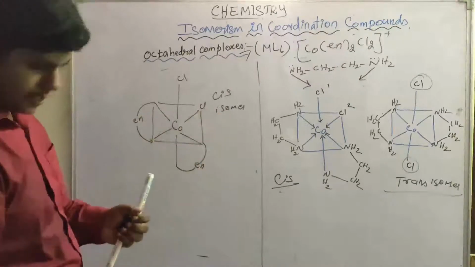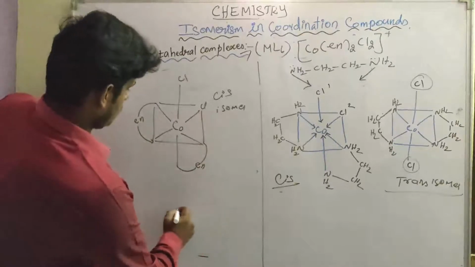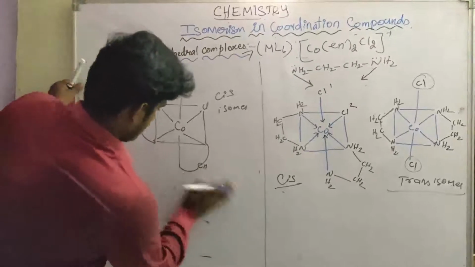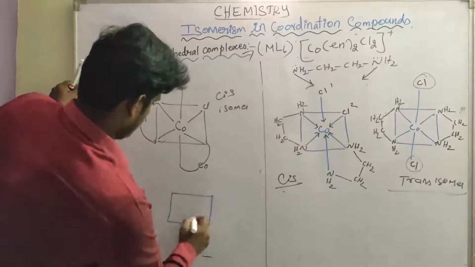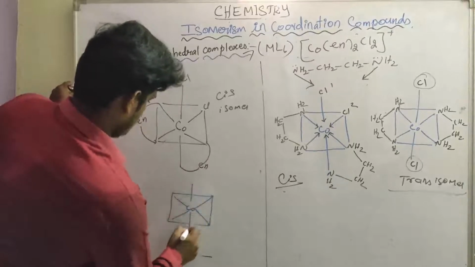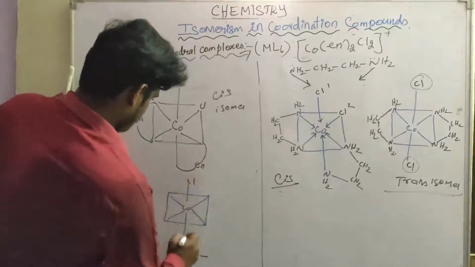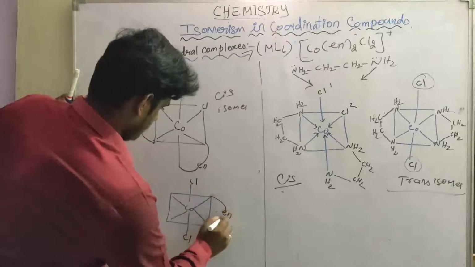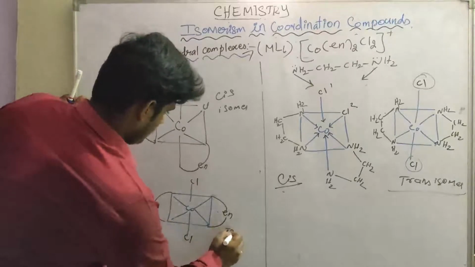Similarly, we can write the trans isomer also, with cobalt and Cl, and it is called trans.